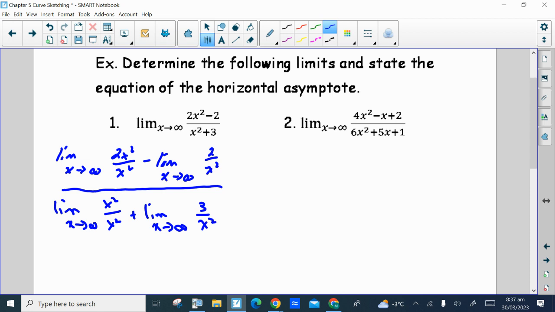Right, so this is what we did before. For that first term, the x squareds cancel, and you just get 2. The second term on top, nothing cancels.